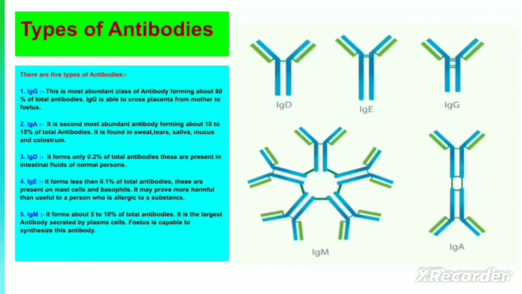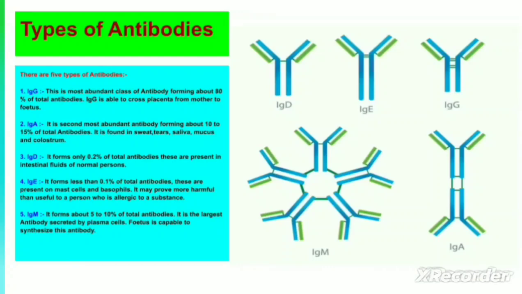It forms less than 0.1% of total antibodies. These are present on mast cells and basophils. It may prove more harmful than useful to a person who is allergic to a substance.